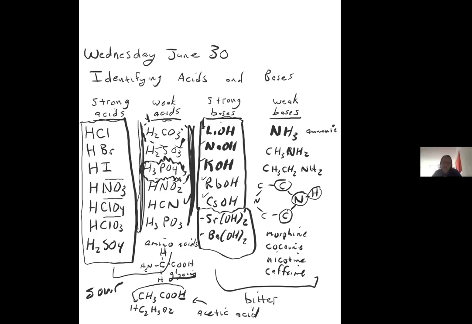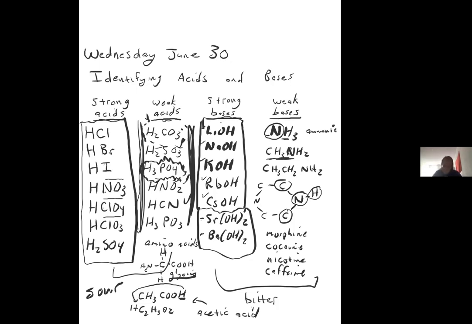So that way you don't have to memorize all the weak acids. You just memorize the strong acids, and if it's not a strong acid, it's a weak acid. And for the weak bases, just remember, if you have a nitrogen and it's connected to either hydrogen or carbon or both, then it's a weak base. And then you can actually classify all 4 of them.